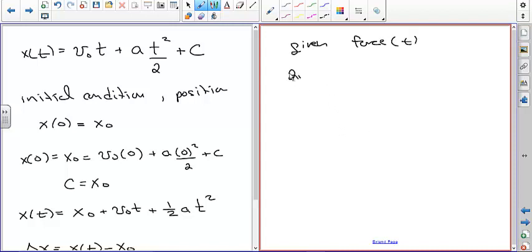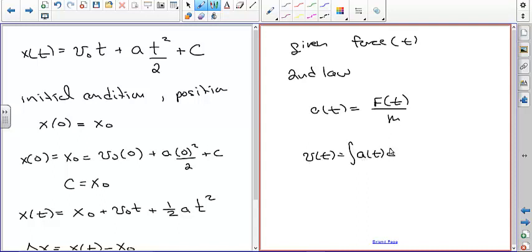Then Newton's second law would say the acceleration as a function of time is equal to the force, I'll use capital F, as a function of time divided by the mass. And once you had that, the velocity as a function of time is the integral of the acceleration as a function of time. And so you'd have to do a little more complicated integration, but it's not super hard. They usually are polynomials. You could do that.